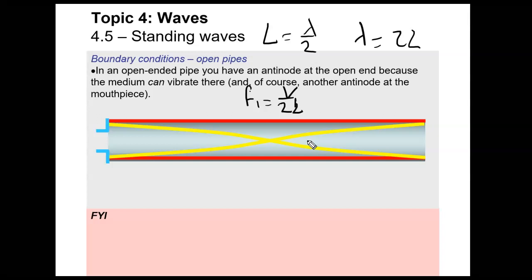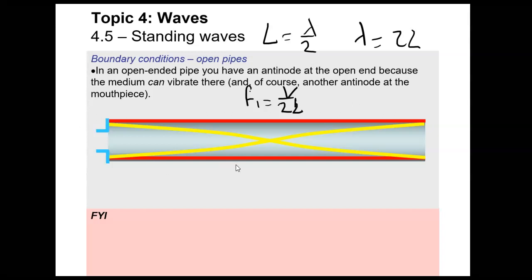For a string, the endpoints are nodes and you have an antinode in the middle. This is the opposite of that, because here you have antinodes at the ends and a node in the middle, but the equation works out to be the same, mathematically speaking.